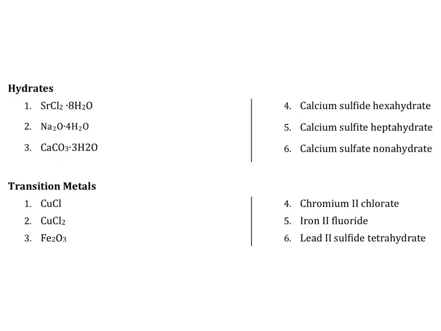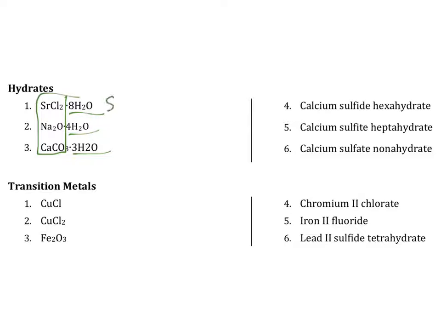Okay, so these are hydrates, and all you do is you name this part normal. Just name that part normal, but then you add octahydrate, tetrahydrate, trihydrate. So again, you just name that first part normal.